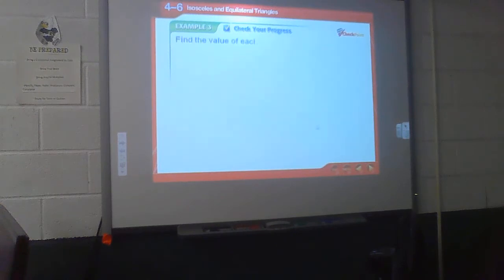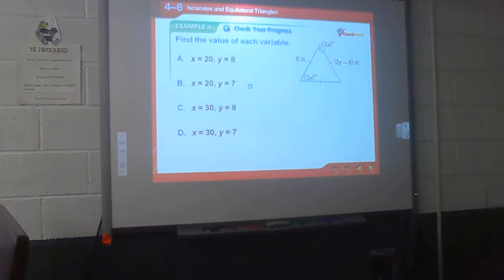Maybe this is what they really wanted to do in the last one. See how they put all the slashes here? Then I'm good with that, right? Because of having the three slashes, we definitely know that this is an equilateral triangle. So then I can find my x and I can find my y. Good with that? You want to see the math? Either A or B. Haven't done that yet. B.